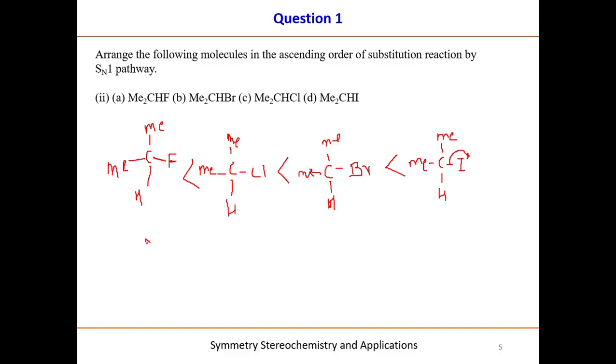Because it's in ascending order, A will be the first one, because among these molecules it will show the least feasibility of the SN1 pathway. Then C, then B, and last D. Correct? Got it?